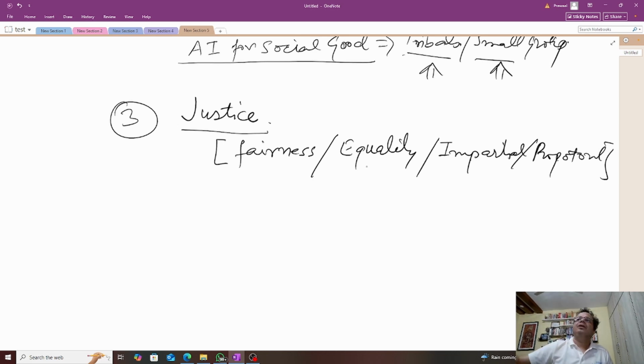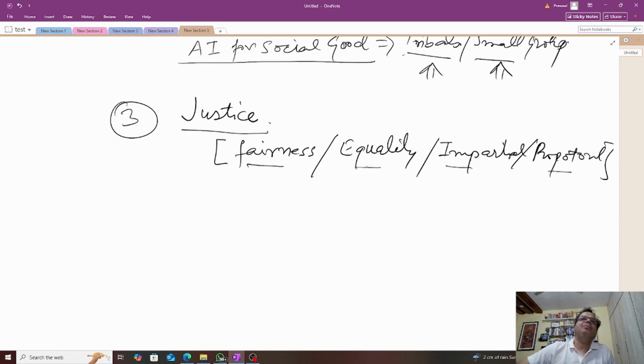Okay, and it needs to be impartial. Those are the kind of principles of justice that need to be applied.